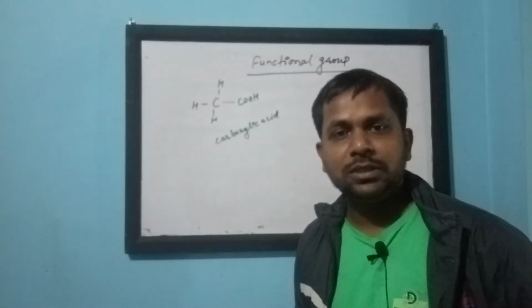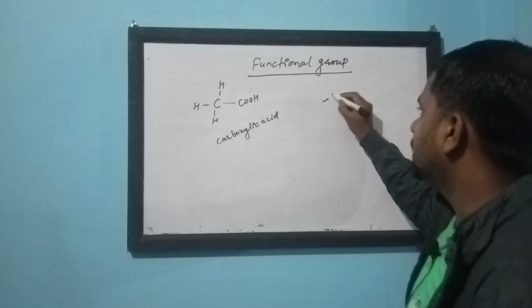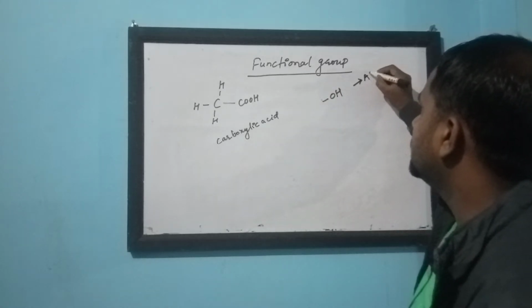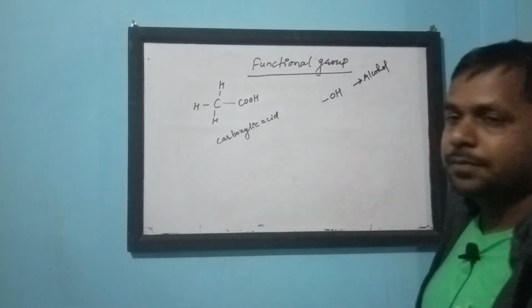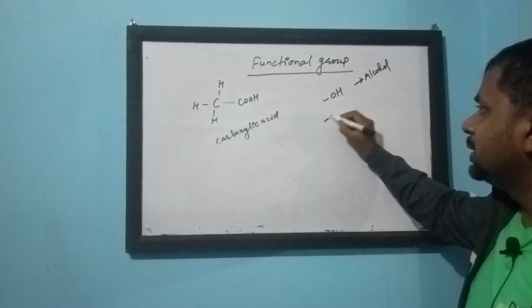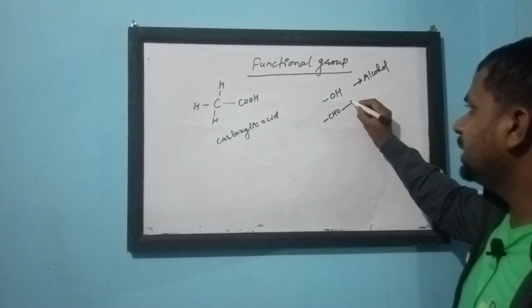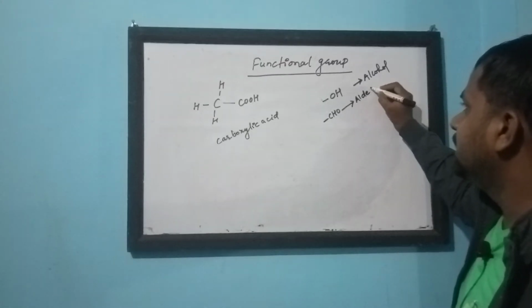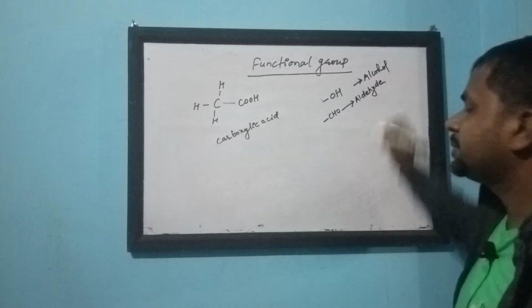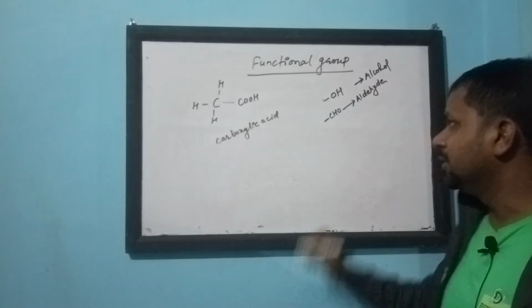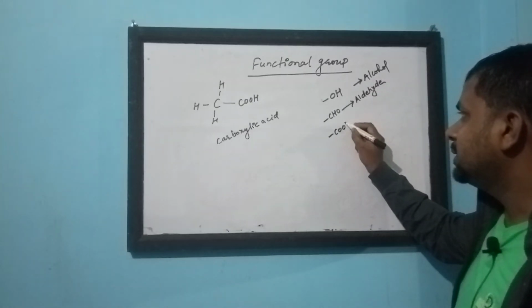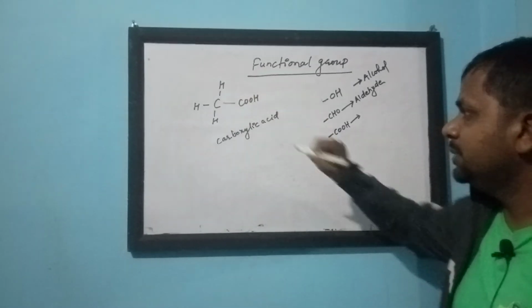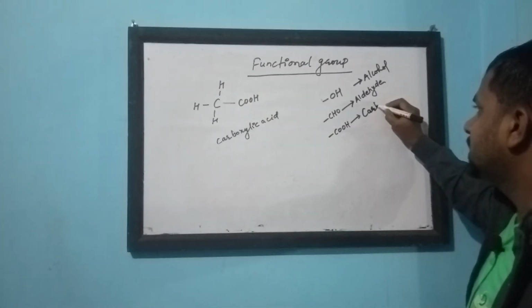What I wanted to say here is that if OH is attached to the alkyl group, that compound becomes alcohol. If CHO is being attached, that compound is becoming aldehyde. If COOH is coming and attaching here, this compound is becoming carboxylic acid.